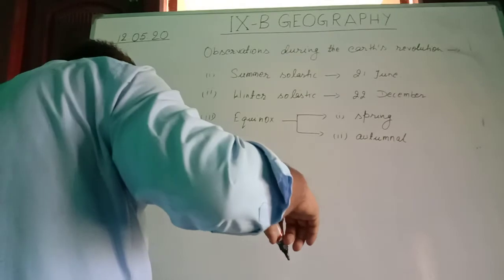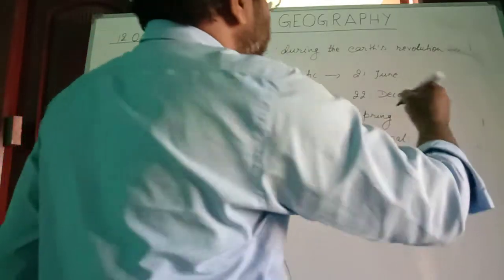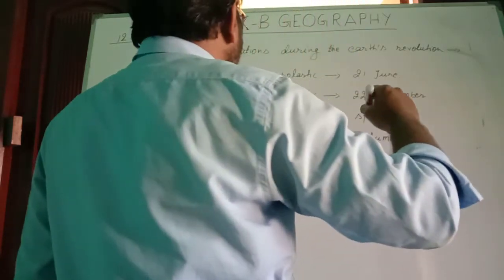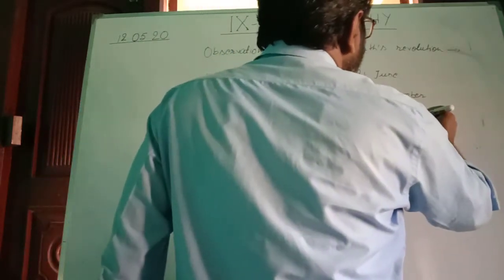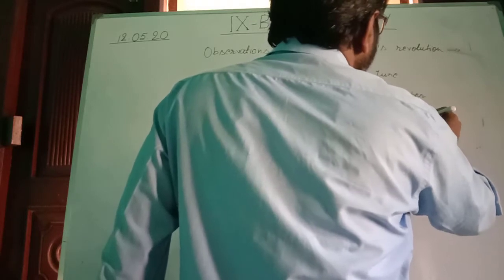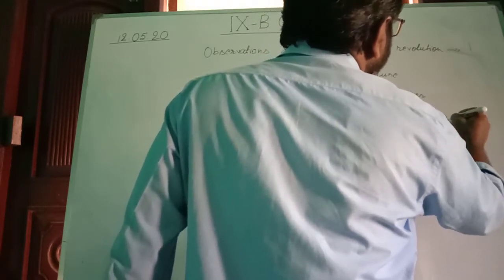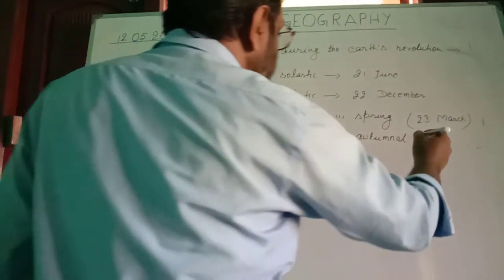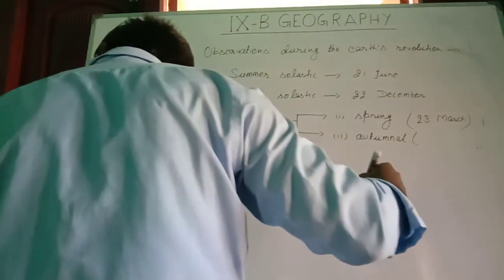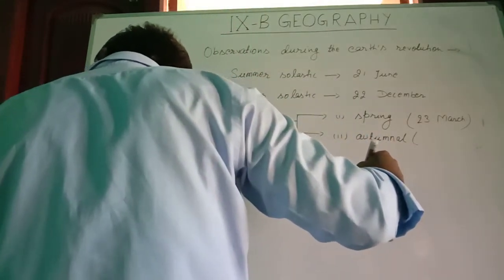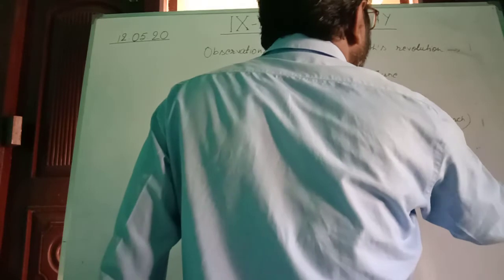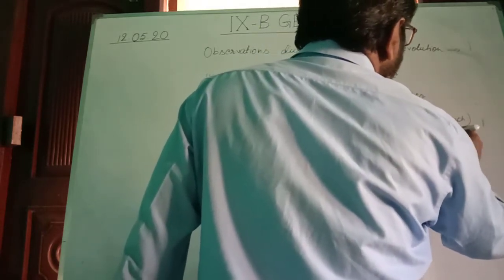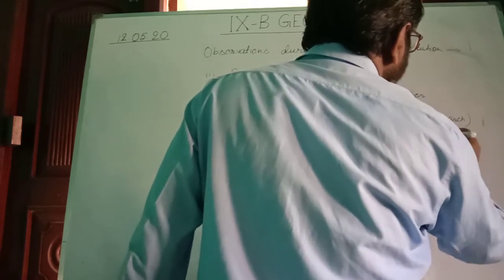The spring equinox occurs in the northern hemisphere on 21st March, and the autumnal equinox occurs on 23rd September.